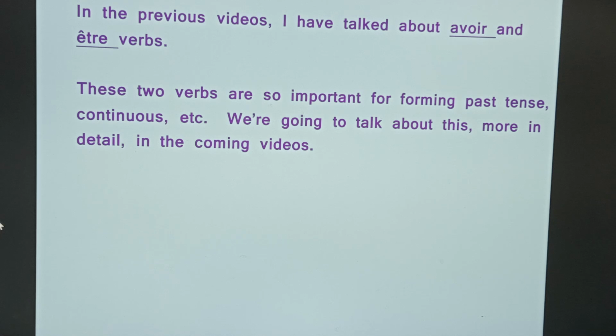So they are called auxiliary verbs. I've also put another video about auxiliary verbs. In the coming videos, I'm going to introduce lots of things. These two verbs are so important for forming the past tense, the continuous, etc. We are going to talk about this in more detail in the coming videos.